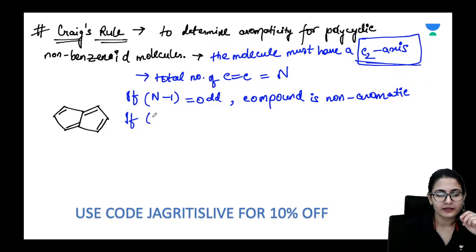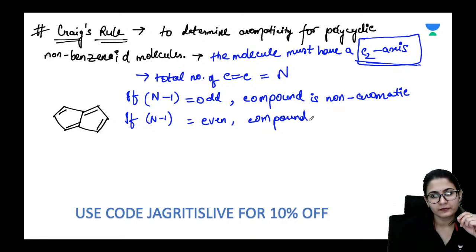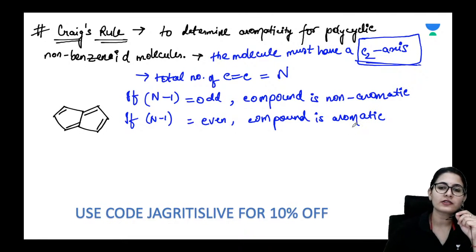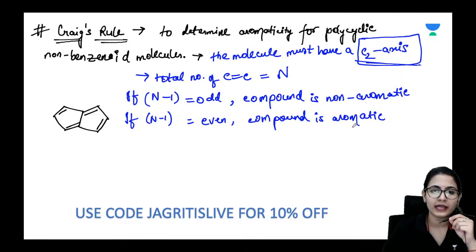If N minus 1 is even, the compound is aromatic. So simple. If N minus 1 is even, your compound is going to be aromatic. If it is odd, it's going to be non-aromatic. The molecule is not going to be anti-aromatic. Please remember that.